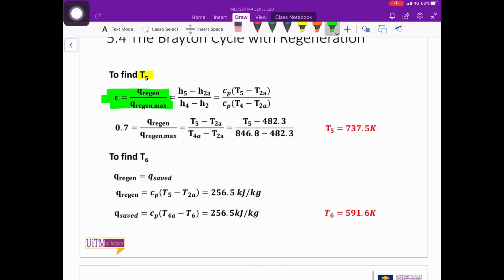T5 can be determined by using the effectiveness of the regenerator, which is given by Qregen divided by Qregen max. Qregen max is equal to H5' minus H2. Since H5' is equal to H4, the Qregen max now becomes H4 minus H2.